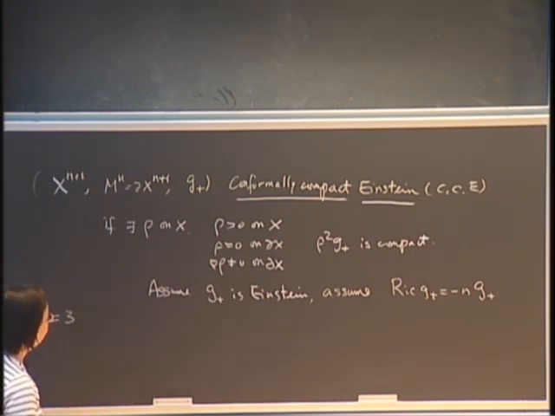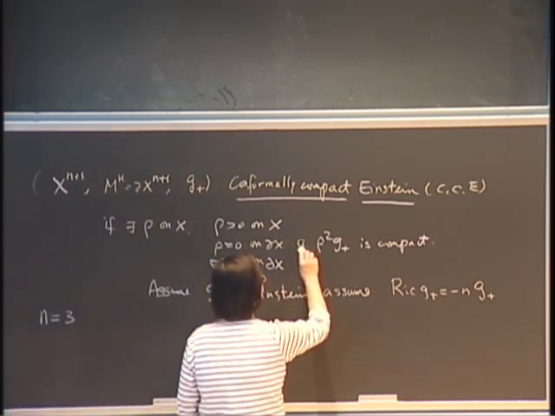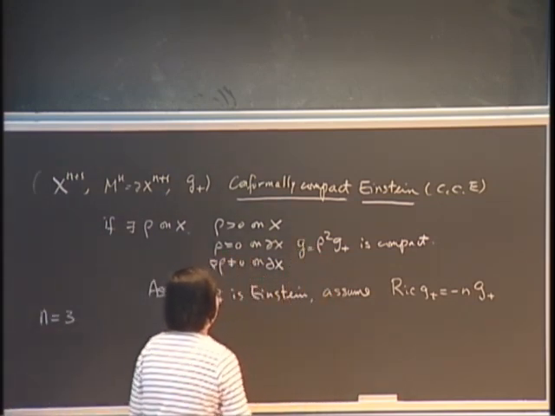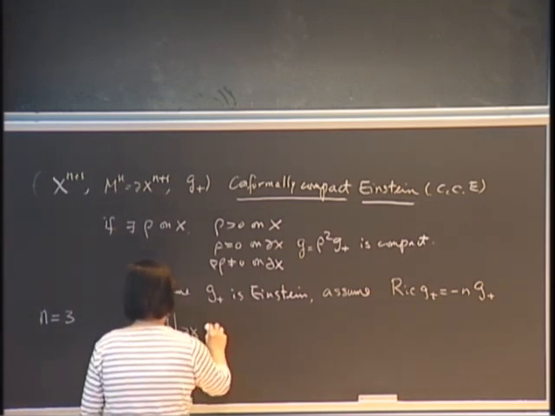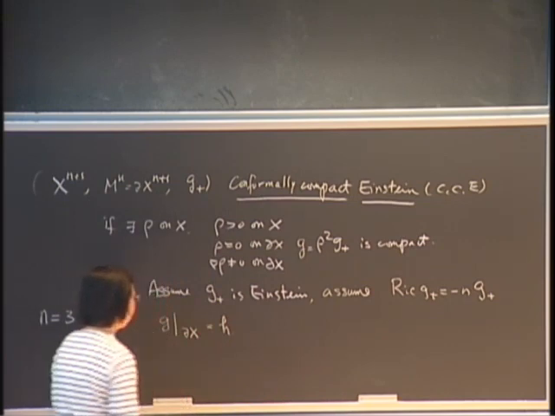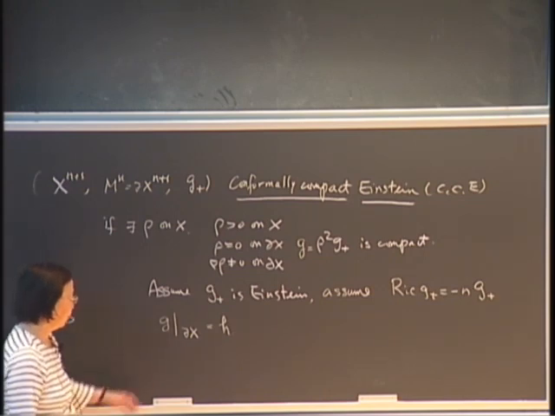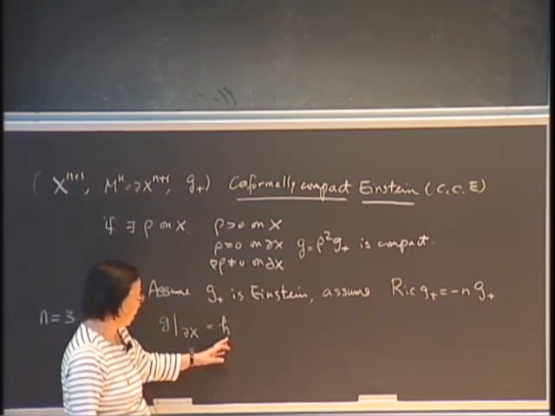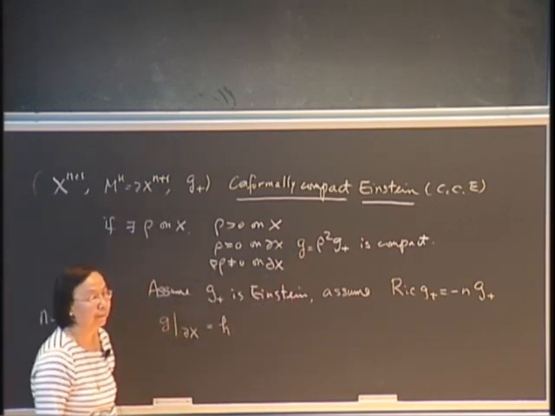And now, for this metric, suppose we denote this compact metric by G, and we restrict G to the boundary. We call it H. And then my question is, how does the information of G on H affect the compactness of G? Okay.